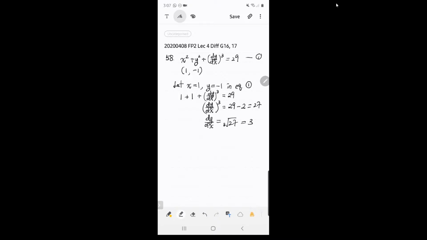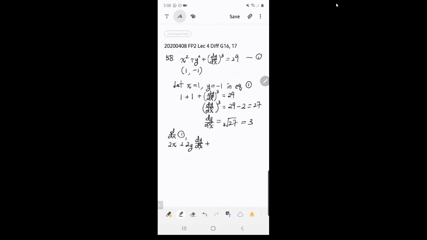Now the next question is, how do we find the value of d2y/dx2 when x is equal to 1? You need to differentiate equation 1, so d/dx of equation 1. You differentiate x squared as usual, you get 2x. Differentiating y squared, you use the power rule as usual, 2y, but you have an extra term, dy/dx.